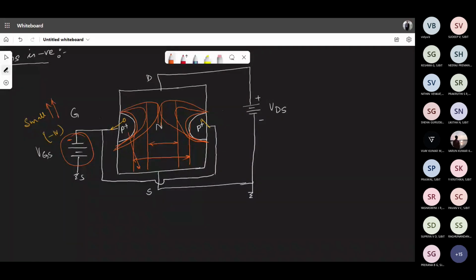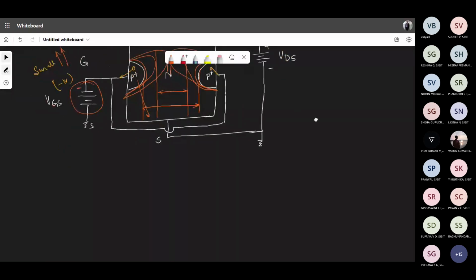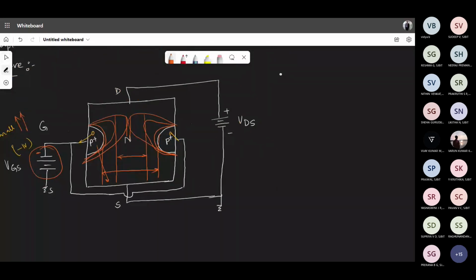So when VGS reaches, let me write those points for you. As and when VGS is applied, and remember it is understood it is a negative voltage now because we are discussing this under the title when VGS is negative.